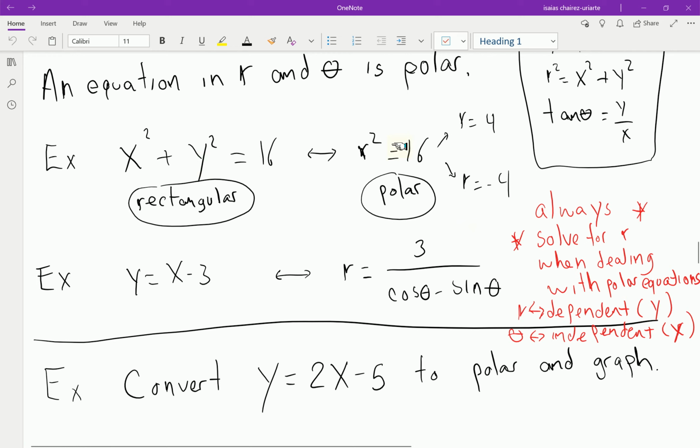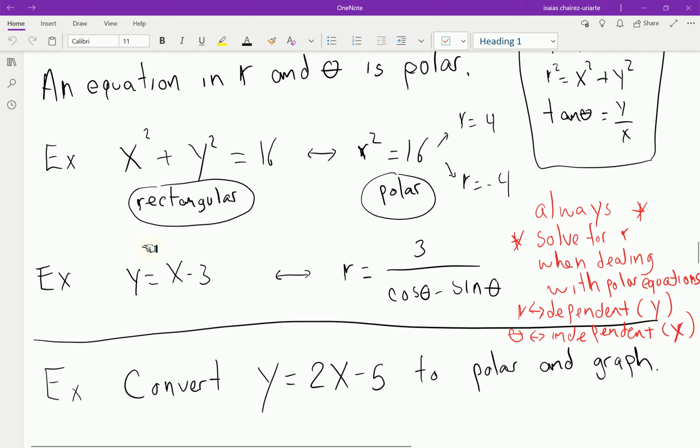In polar equations, we have to think of r as the dependent variable, so r is kind of like my y, and theta is going to be the independent variable, sort of like my x. So think of r as the dependent variable and theta as the independent variable.